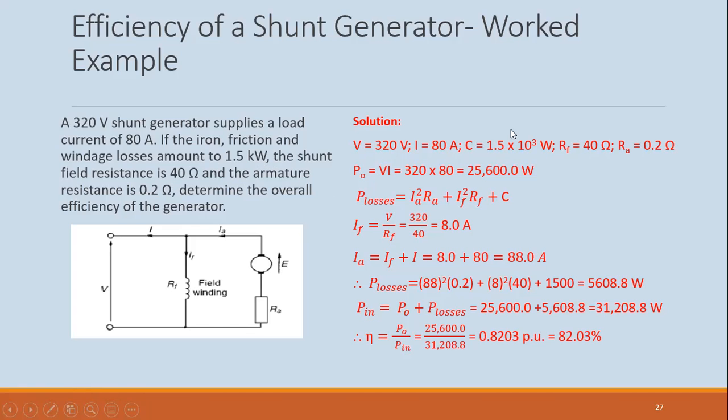As usual, we write down our data. Since it's efficiency we want, the formula is P out over P in. So right away, we can calculate our output power. P out is equal to V times I, that's 320 times 80, which is 25,600 watts.